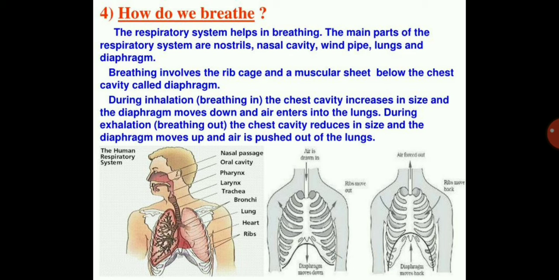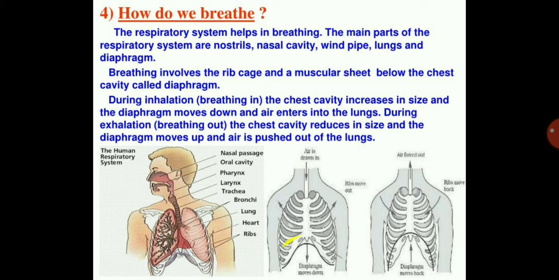During inhalation, the chest cavity increases in size, the diaphragm moves down and air enters the lungs. During exhalation, the chest cavity reduces in size, the diaphragm moves up and air is pushed out of the lungs. See what happens now.